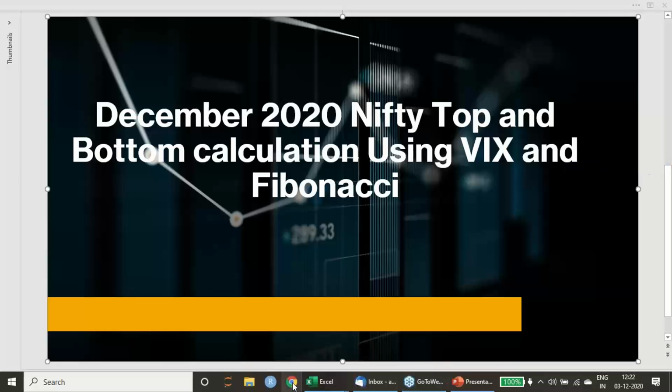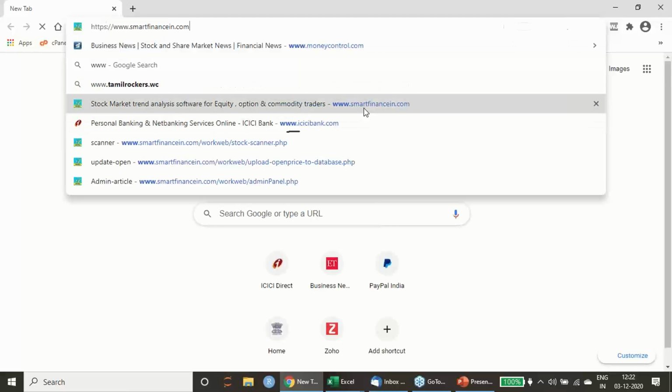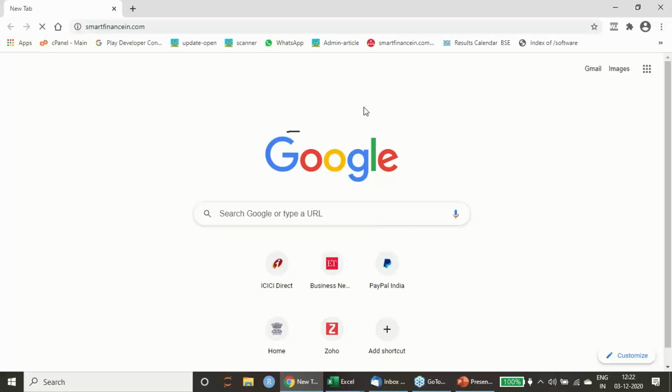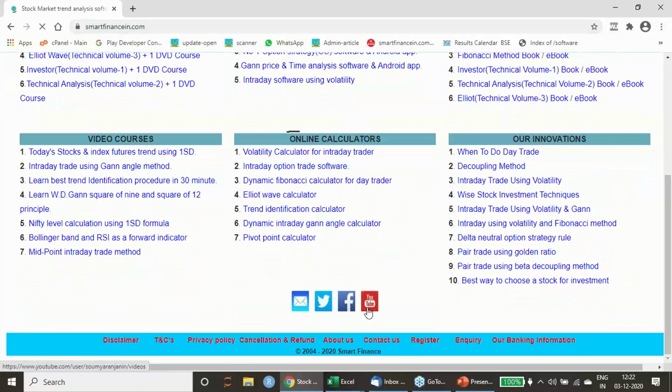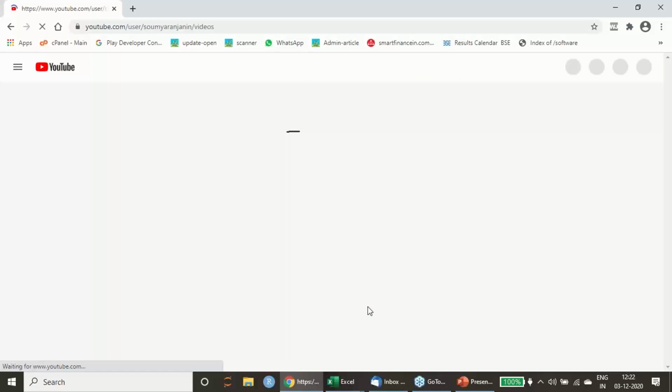You will most probably have observed that in Smart Financing we have released many months' top and bottom calculations using this VIX and Fibonacci. Last month also we released the same, and you can find all those videos associated with this particular concept on our YouTube.